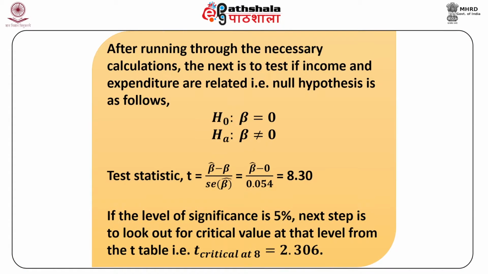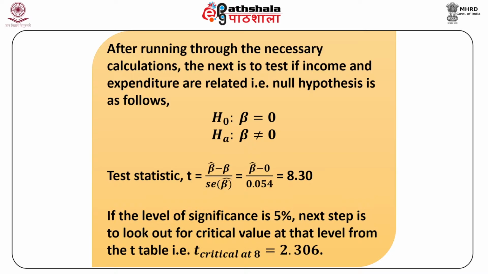By running through the necessary calculations, the next step is to test if income and expenditure are related, and therefore our null hypothesis H0 is beta equal to 0. So we want to test whether income and expenditure are related or not related.